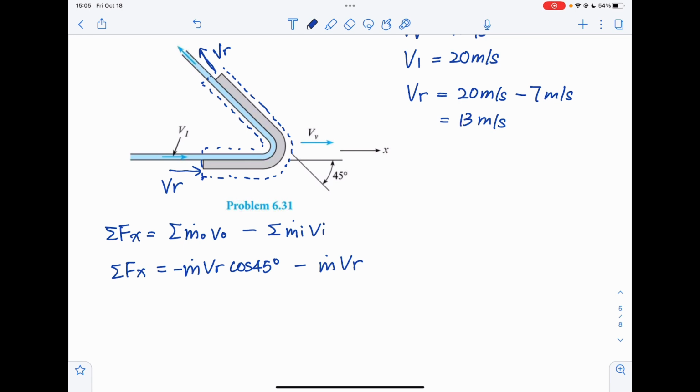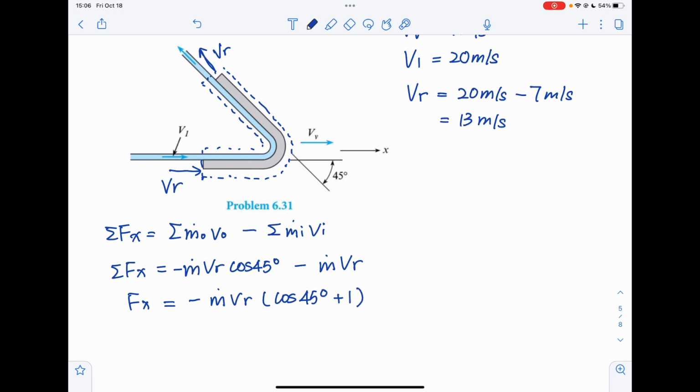Therefore, we will have Fx equals negative m dot VR times cosine 45 degrees plus 1.